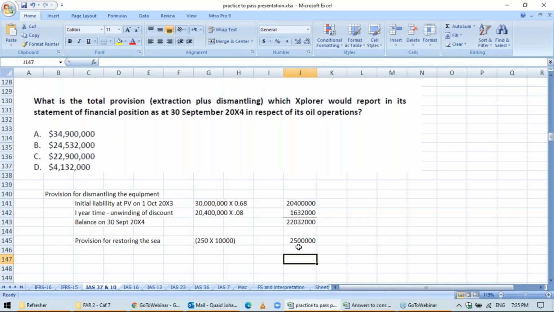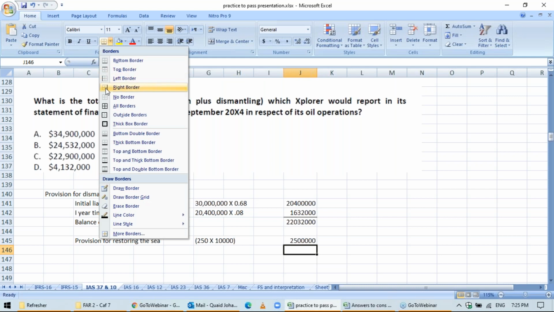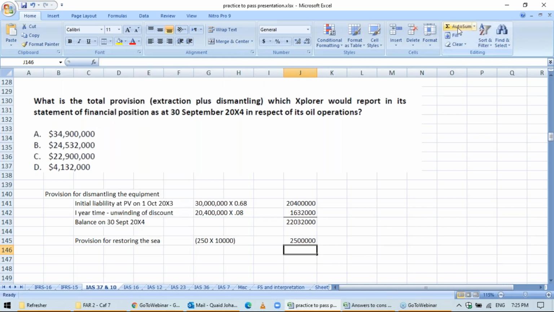So now what's the total liability including both of the obligations? This makes 24.532 million.